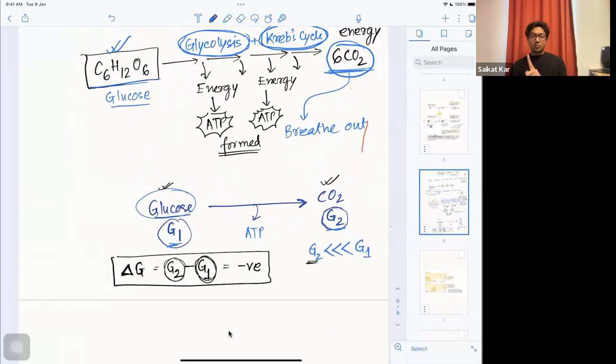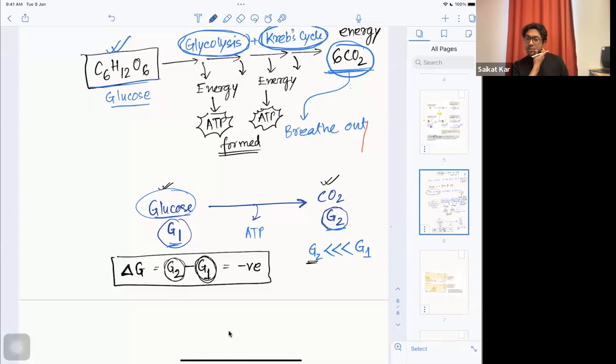If you break down just one bond, some amount of energy will be released, then another bond; there are 6 carbons, so many bonds. As you have broken down so many bonds and ultimately you are left with just carbon dioxide, so much energy must have been lost from the structure. That's why the difference is more.